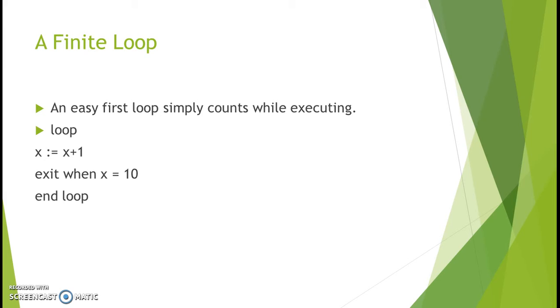And so our code, of course, would normally be inserted in here as well. And so in this case, our code would execute 10 times before the loop was exited. That's assuming, of course, that x was equal to 0 when we started.